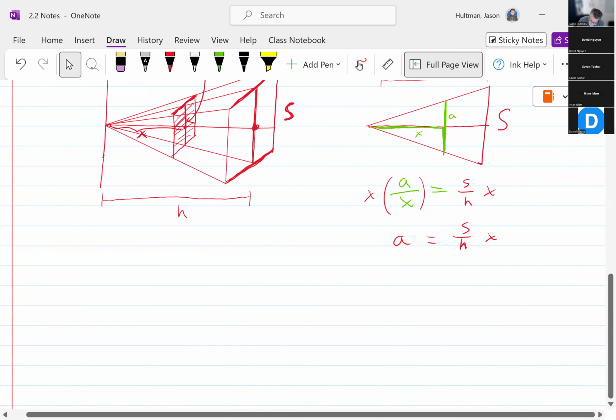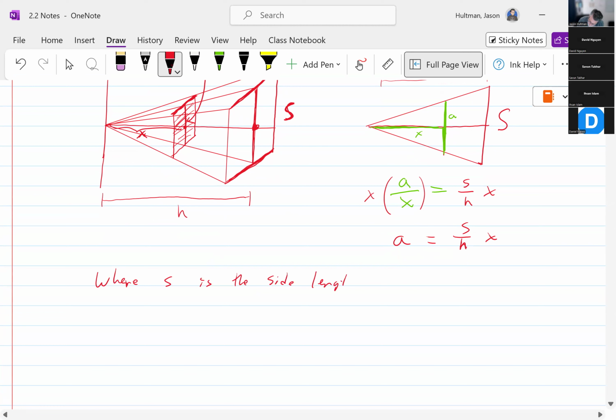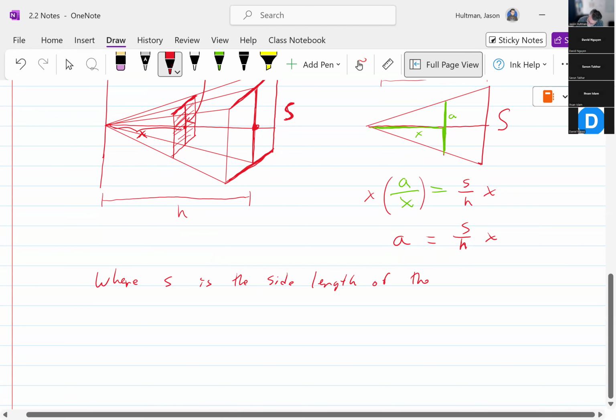Here S is the side length of the base of the pyramid.